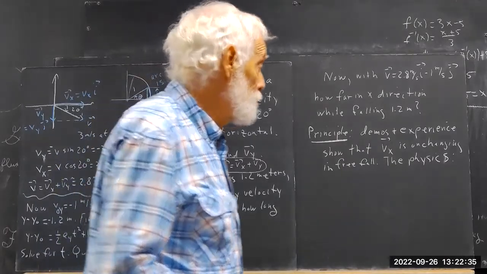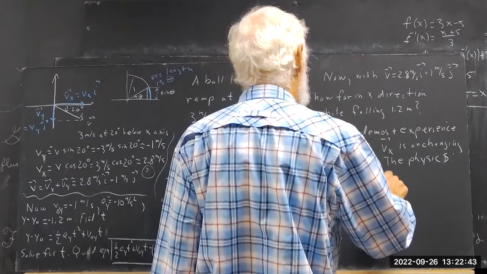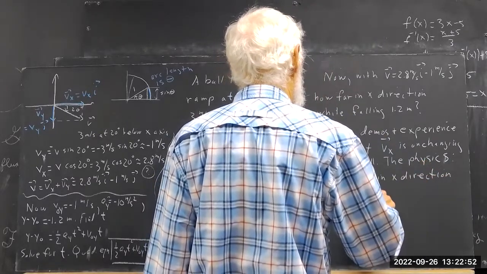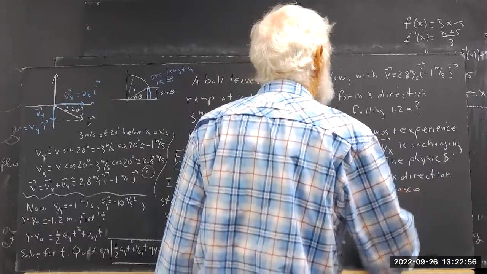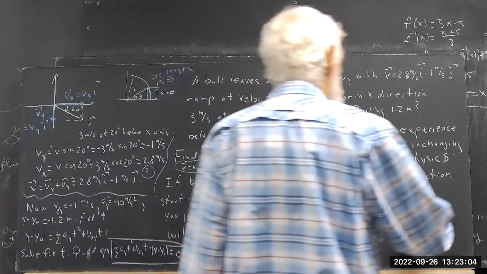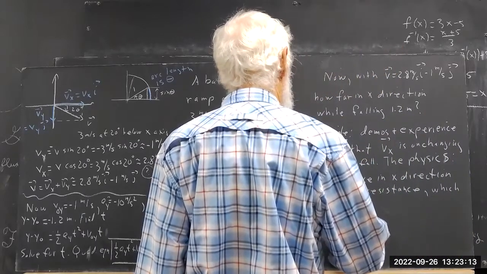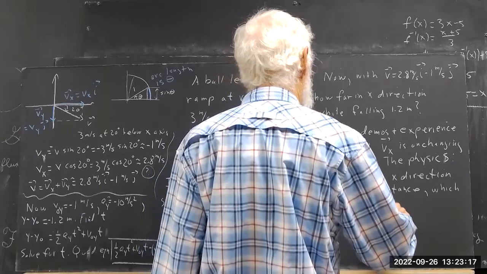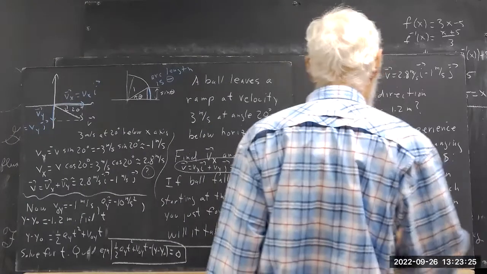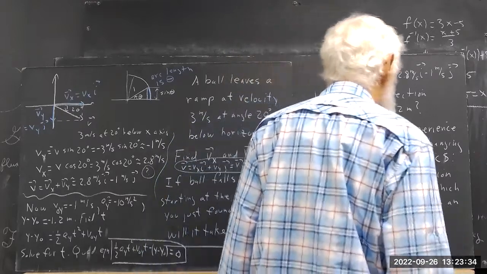Okay, the physics is that the only point in the x direction is air resistance. It has negligible effect on an ideal projectile.